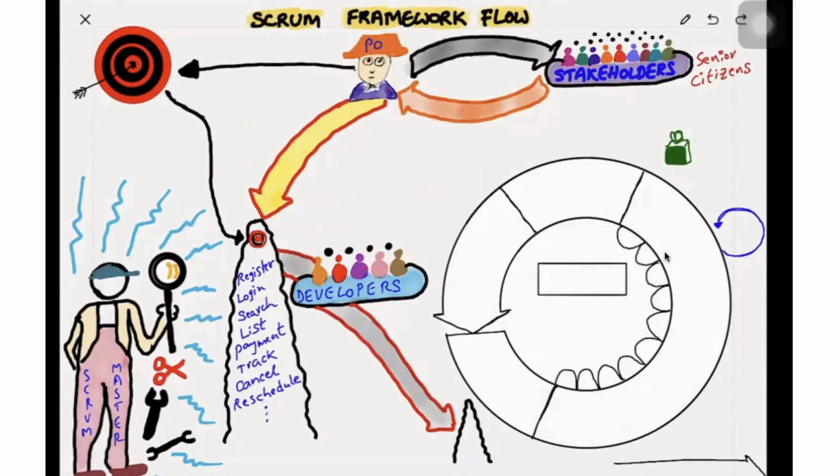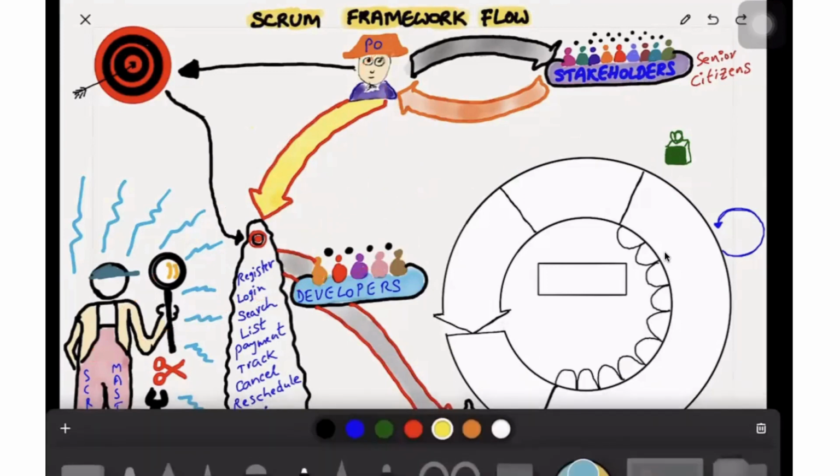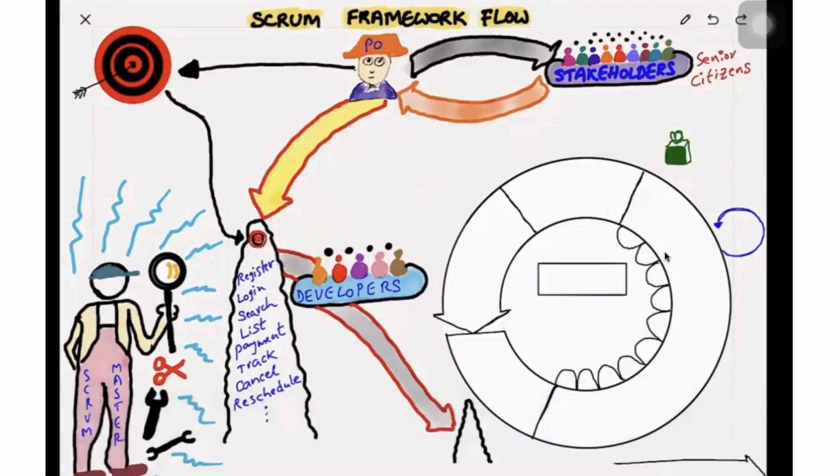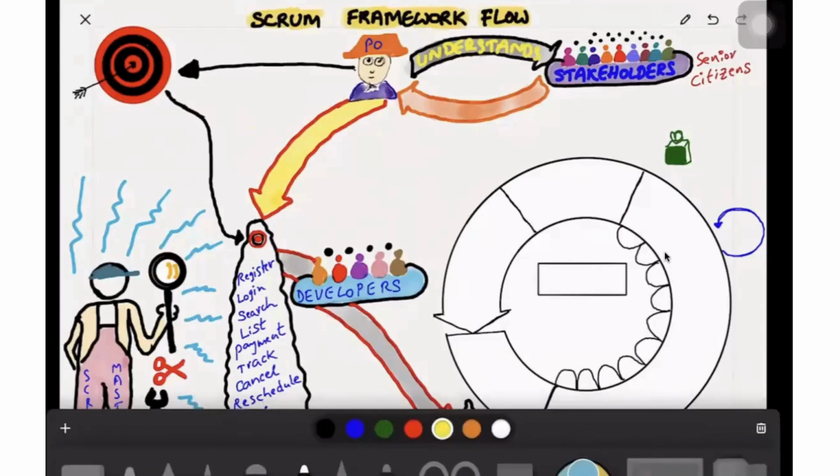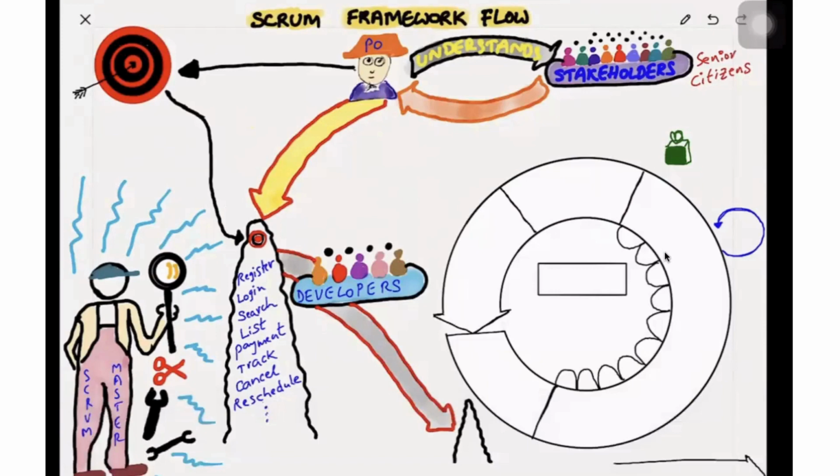So how does it work? Let's understand. First, the product owner understands the problem of these people. These are senior citizens living alone. They don't have any support to help them with their medical needs. Based on that understanding, the product owner will create a product goal.